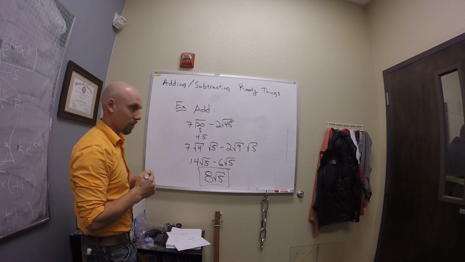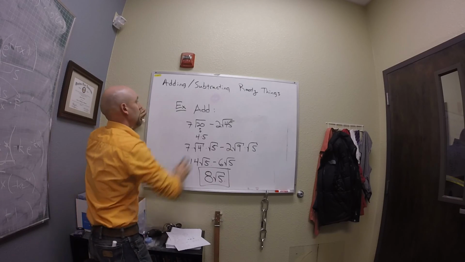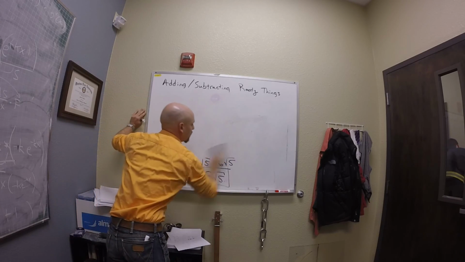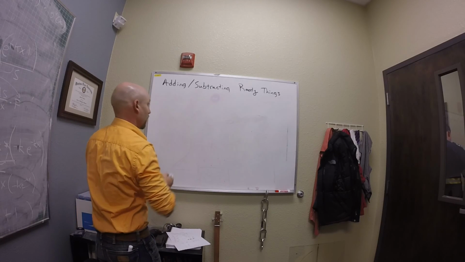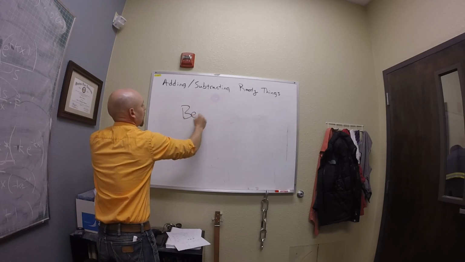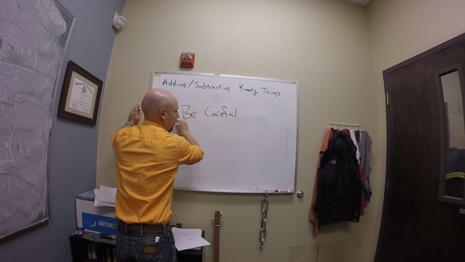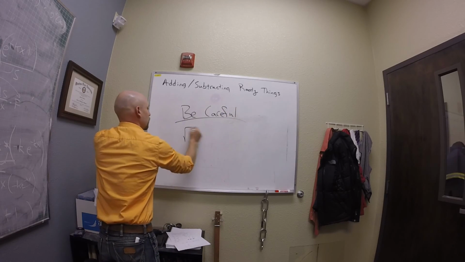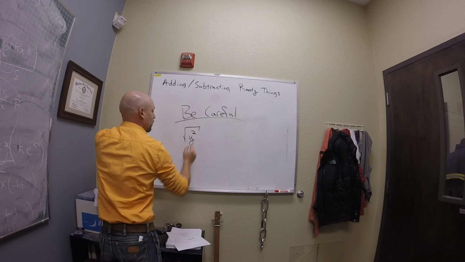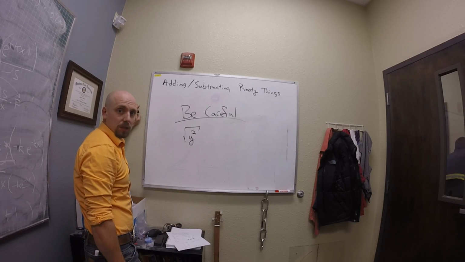Cool? Alright. The only other thing I need you guys to take out of this section is I need you to be careful. Square root of y squared is not y.